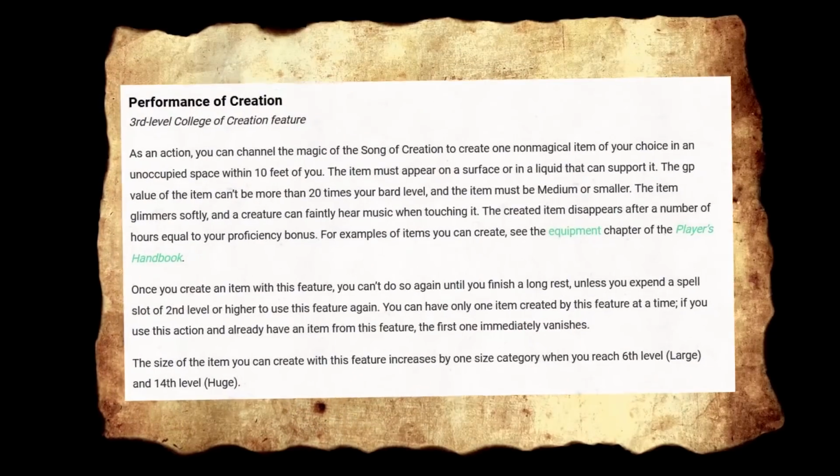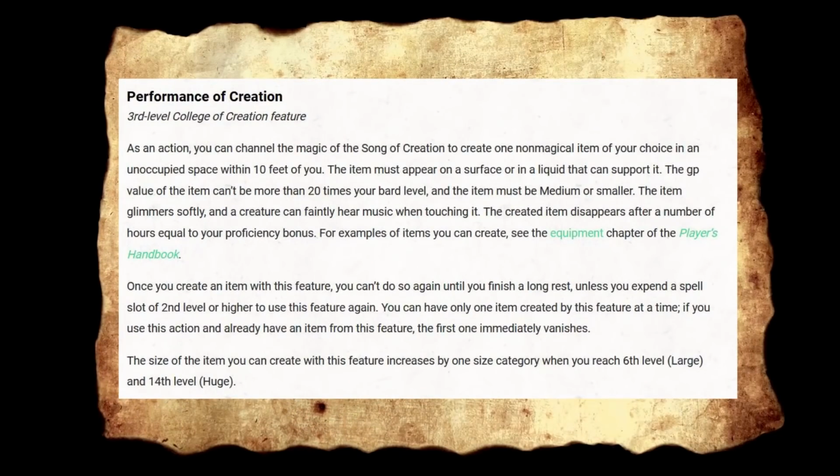Now, most of the subclass abilities that you can get for cover are high level, except for the College of Creation Bard, right? As an action, you can create physical things. Well, why couldn't you create cover? Eventually you can get large and huge, right? It's starting at 3rd level, and then at 6th level you get even better, and it just goes up from there.